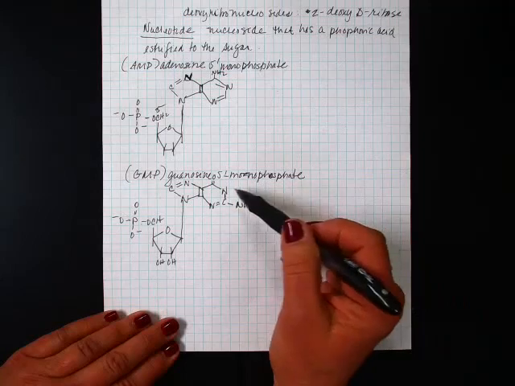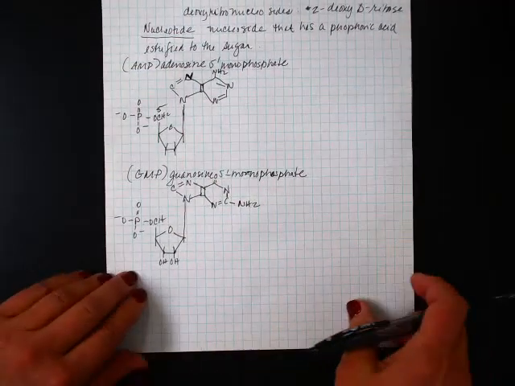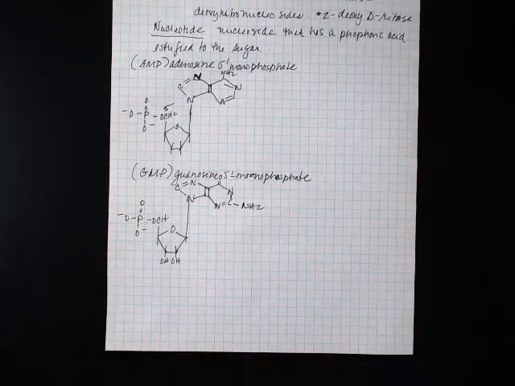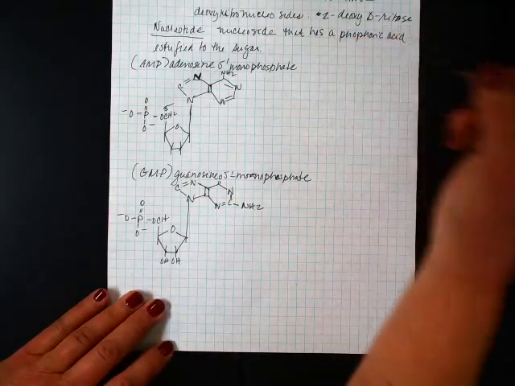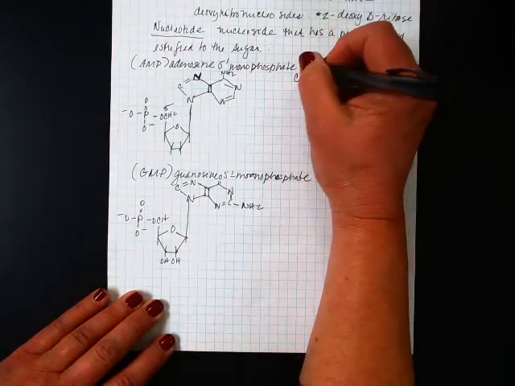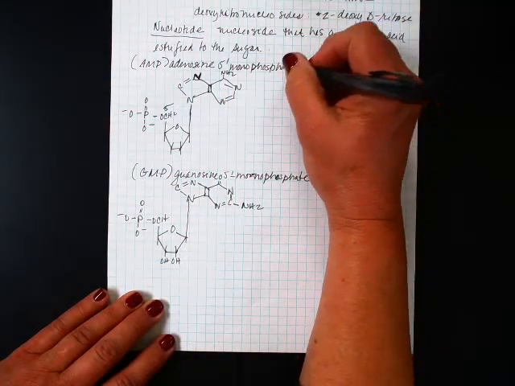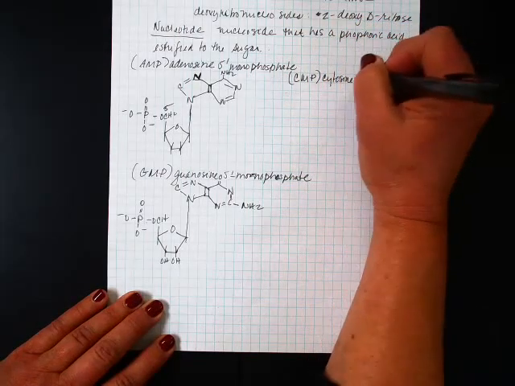And I'm going to need another piece of paper here, graph paper. Actually, maybe I can get the smaller ones over here. So let's look at cytosine monophosphate, CMP. I'm sorry, and that's 5' as well.